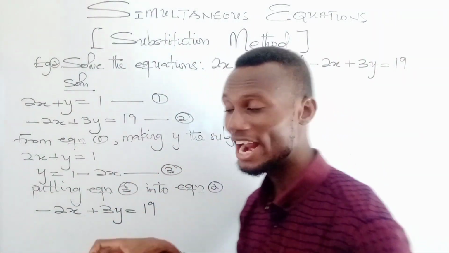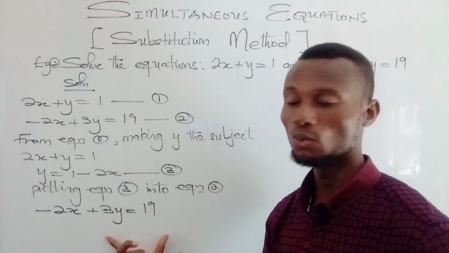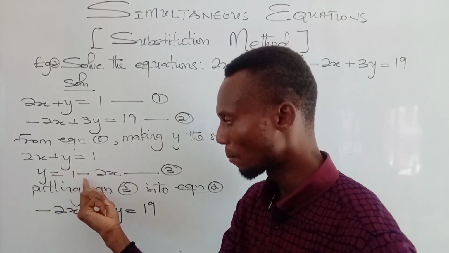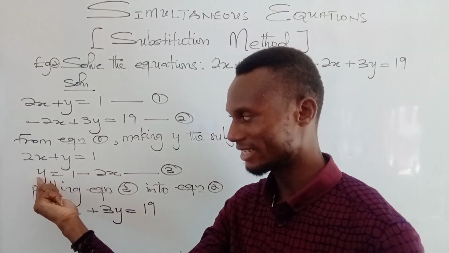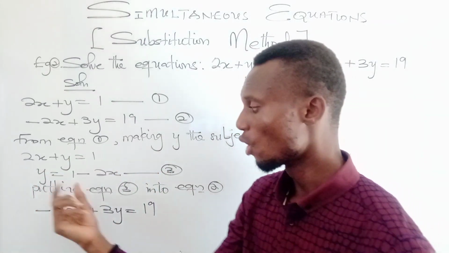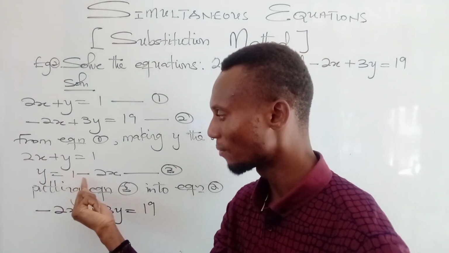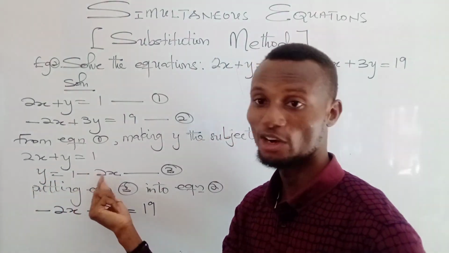It means that wherever we see y in equation 2, we are going to put the value of y there, which is 1 minus 2s. Because we've made y the subject, which is equation 3, and we are putting it into equation 2. So wherever we see y in equation 2, we put 1 minus 2s there, because the value of y is 1 minus 2s.